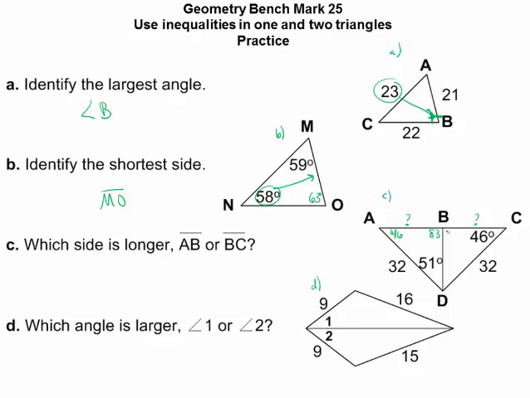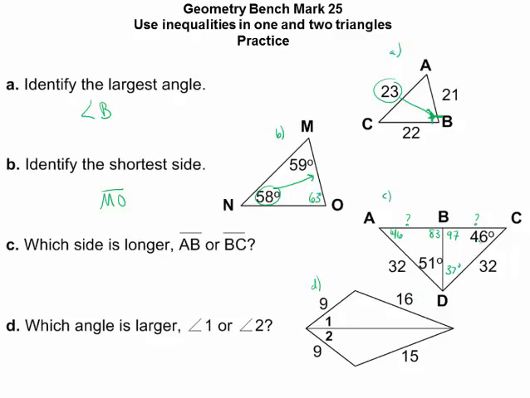Now this makes a straight line, which is also 180, so I do 180 minus 83 and I get 97. Now I use the 46 and the 97 to find this missing angle. 180 minus 46 and 97 gives me 37.